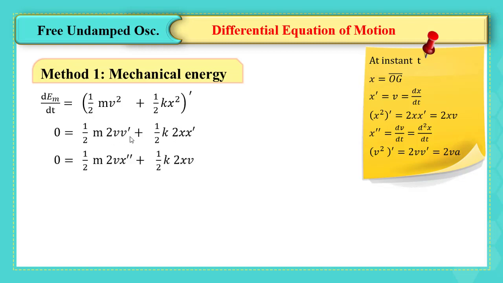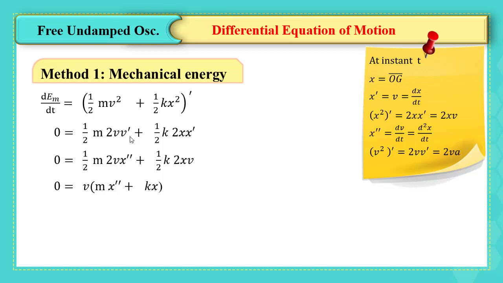Following the rules, we find that this equation becomes 0 equals half m 2v x double prime plus half k 2x v. Take v common, then we have 0 equals v times (m x double prime plus k x).